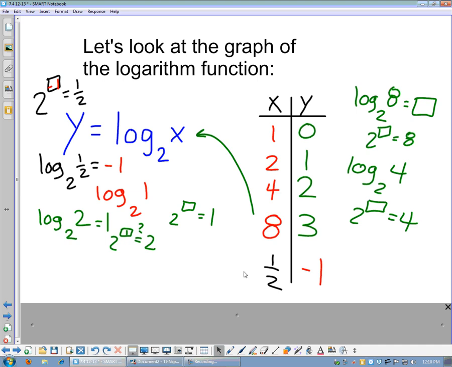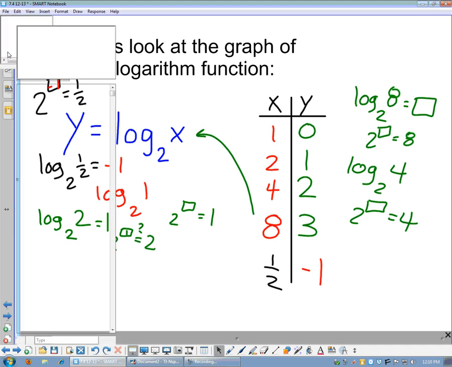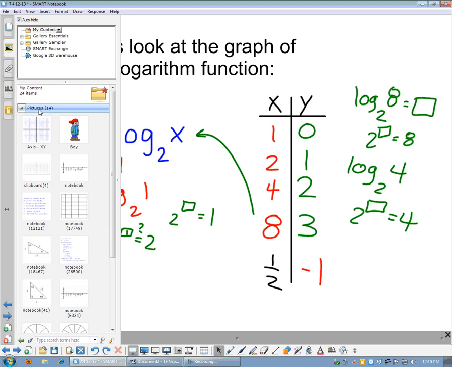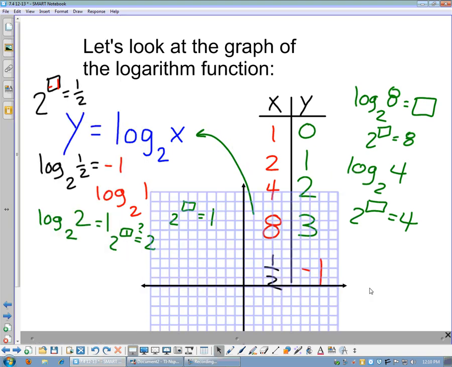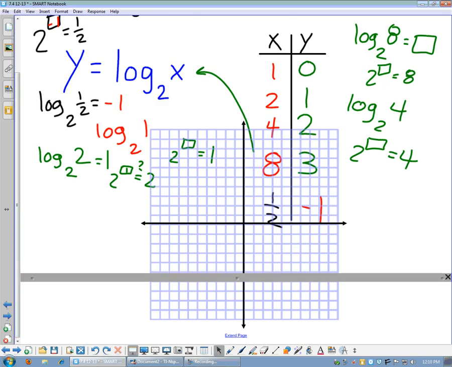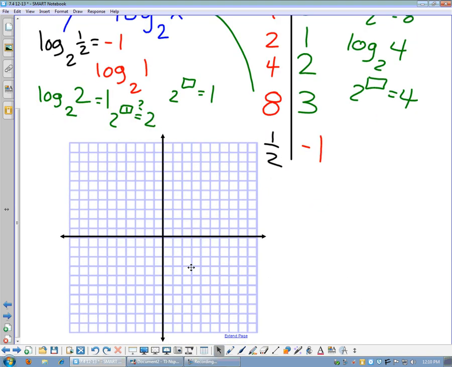All right, so if we were to plot those ordered pairs, let's see what they're going to look like, and then we'll confirm it on the calculator. All right, so we are plotting these points.